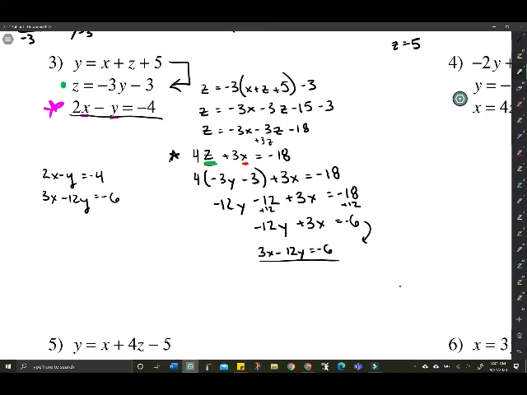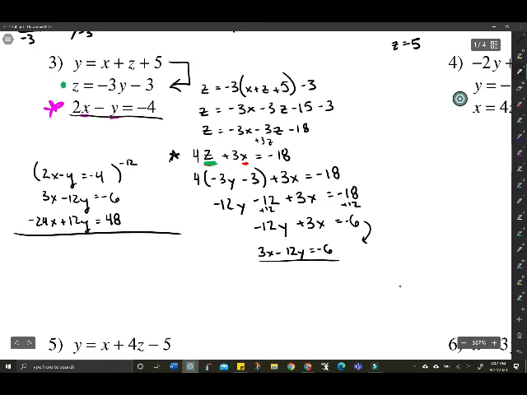I'm going to multiply the top by negative 12. That will get me negative 24x plus 12y is equal to 48. And we'll shake and bake, so negative 21x, the 12s cancel, equals 48 minus 6, 42.